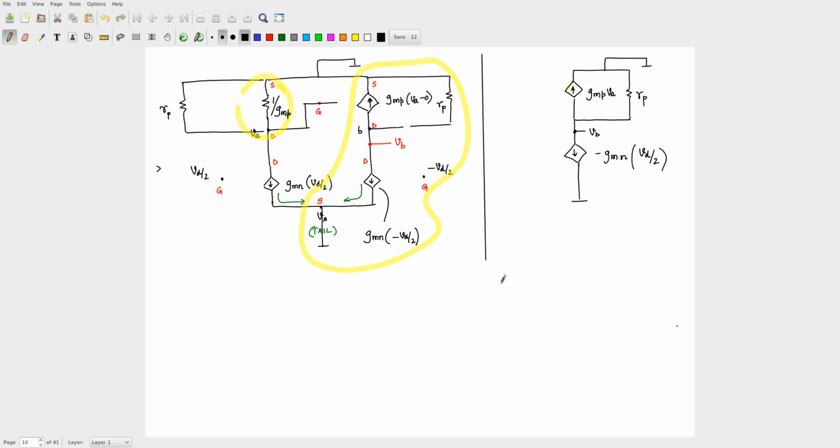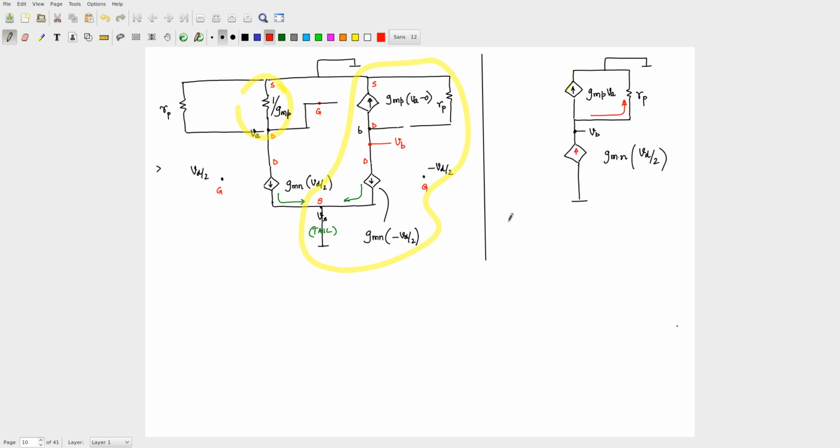Okay, now I'm just going to change something, so be careful as to what I am doing. This is a minus sign and this current is going down, so I'll just flip this. I'll make this current go up, and I'll remove this minus sign. So I have current going in and current going out there. Now I want to find out what is the current through this RP branch.